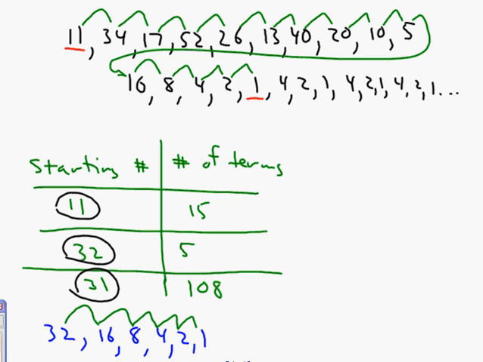For a number like 11, it only takes 15 terms, but by the time I got to an input of 31, I need 108 to be returned from my function. And then with 32, I'd get back down to 5. Okay? So there are certain kinds of numbers you could look at right away and say, oh, this isn't so bad. You know, maybe something like 64 or 32 or 16, maybe 128. All those numbers are powers of 2.